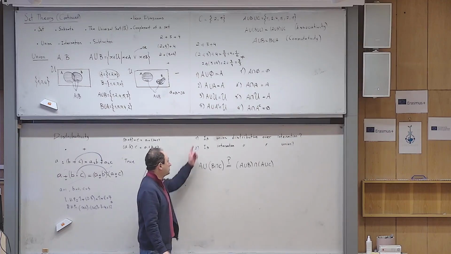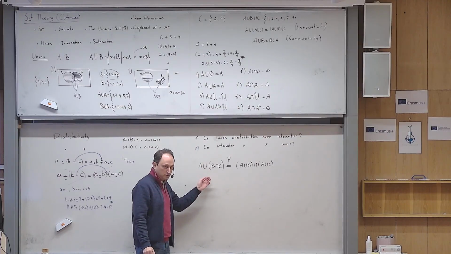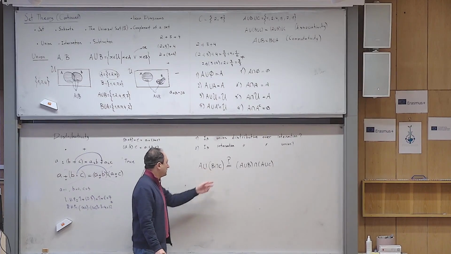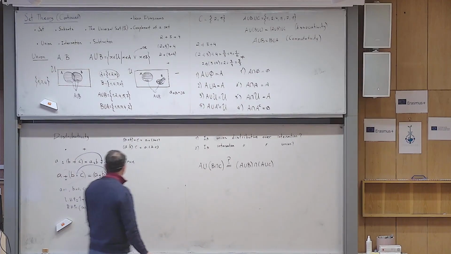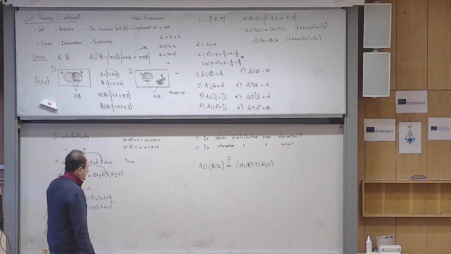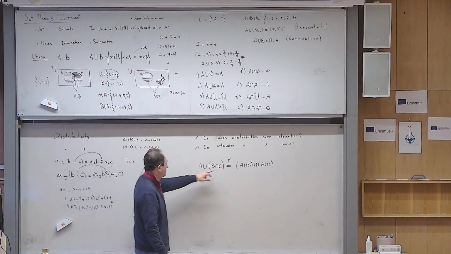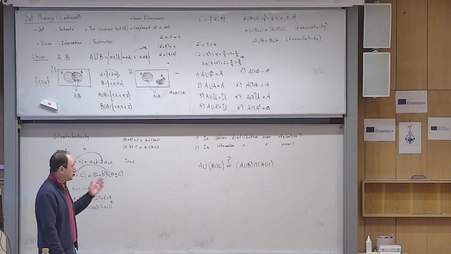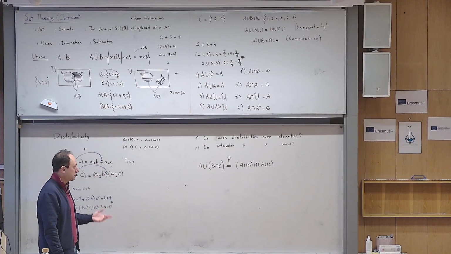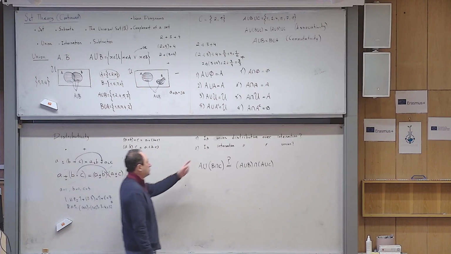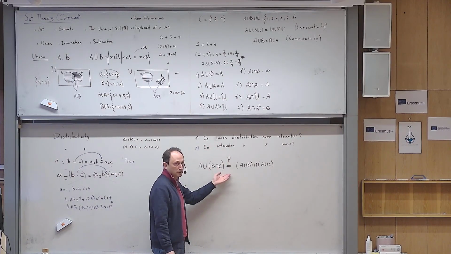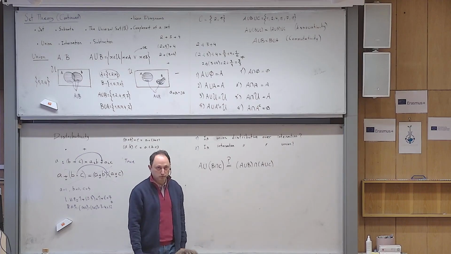If this is supposed to be true, it looks like this. You see, this operation is more or less similar to this operation here, if I want to give the rules, and this operation is that. So everyone understands that? I'm not saying that this is true or false. I'm just saying that if I want to see if it is true or false, I have to know how it looks like, and then I can ask the question if it is true or false.